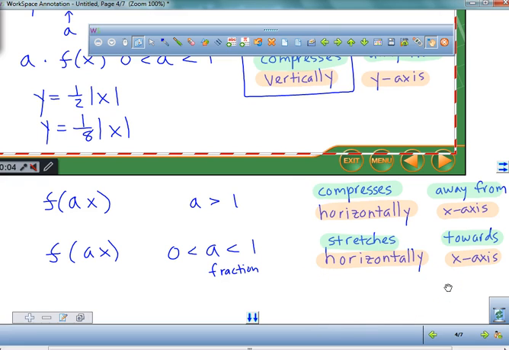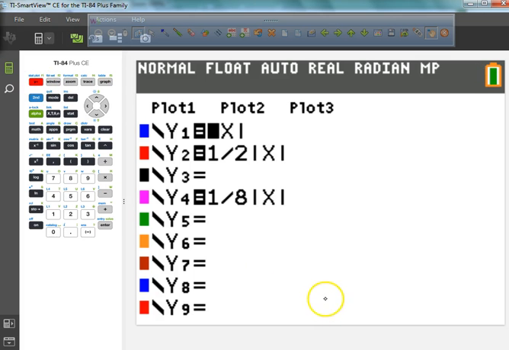Sometimes they look the same, but how we describe it is going to be different. So we're going to do a couple of examples with this and a couple of examples with this. Go to your calculator, hit y equals. Take this half right here, hit second insert, and put a half next to the x.